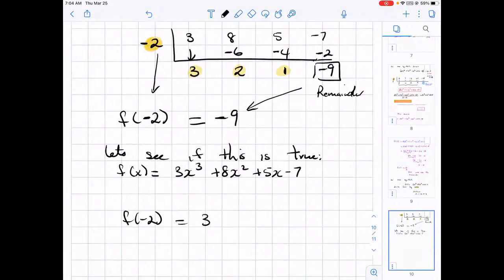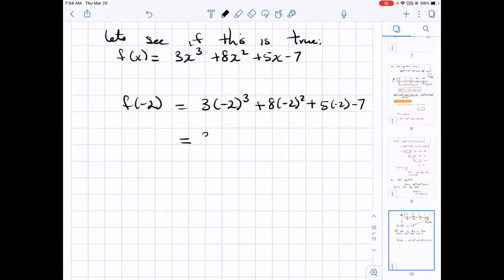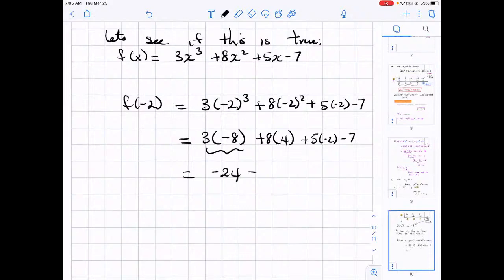It will be 3 times negative 2 cubed plus 8 times negative 2 squared plus 5 times negative 2 minus 7. Negative 2 cubed gives negative 8, plus 8 times negative 2 squared, which is 4, plus 5 times negative 2, minus 7. All this becomes minus 24 plus 32 minus 10 minus 7.